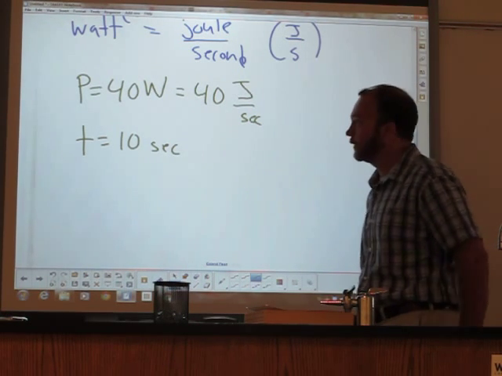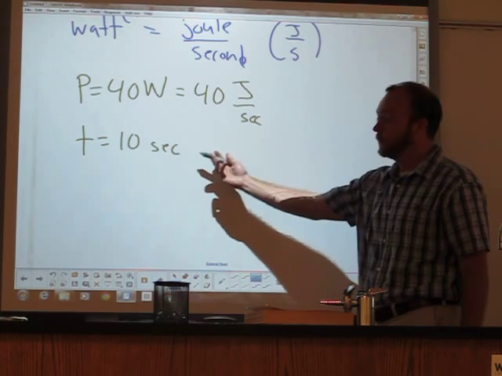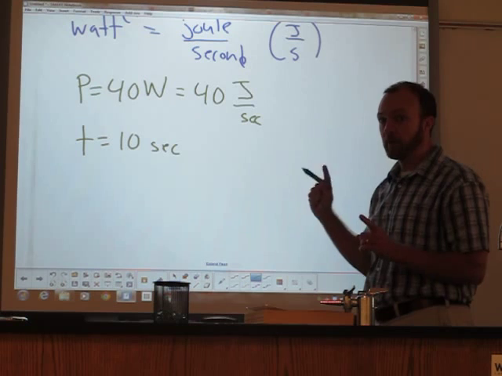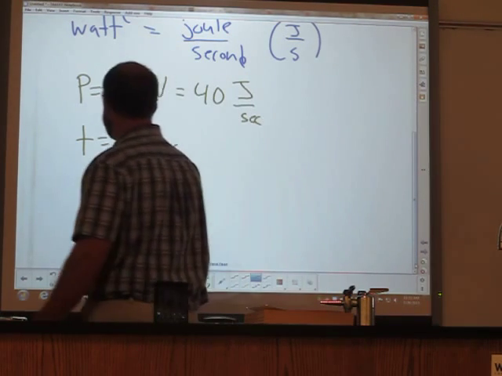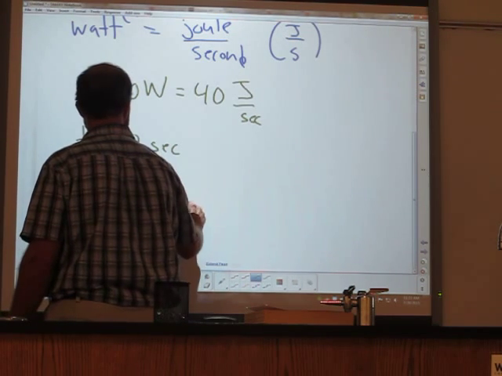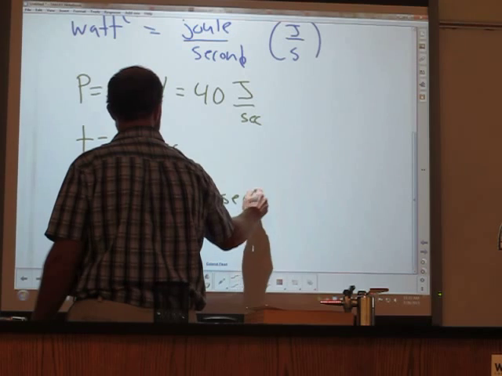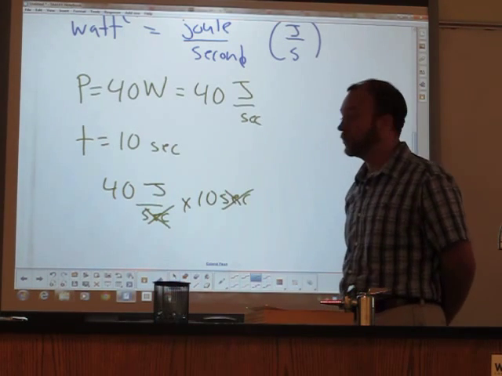So let's look at the units. Here seconds is on the bottom, here seconds is on the top. If I multiply those units, they'll cancel. That's a really easy multiplication.